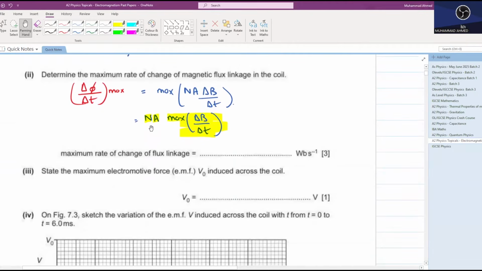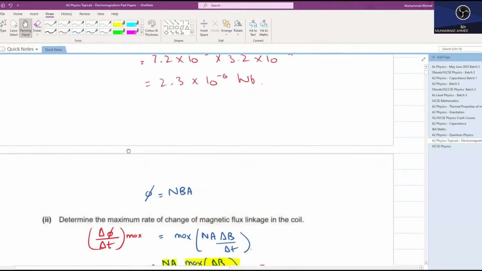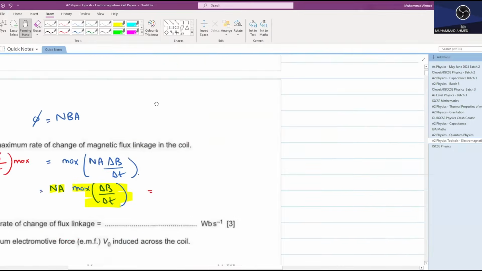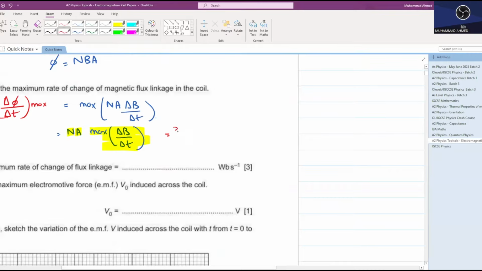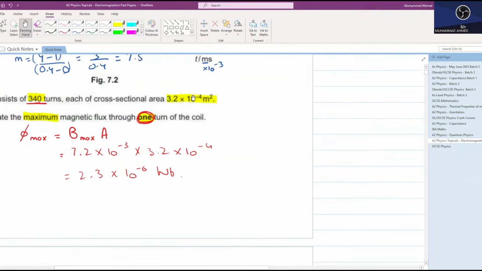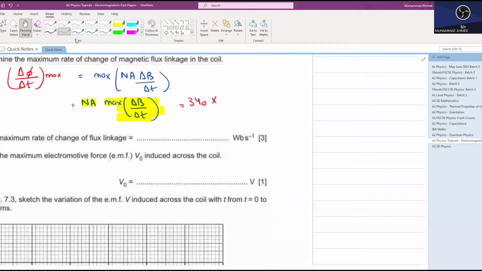Okay, let's put it here now. What was your value of n? Your value of n was 340. Okay, let's put 340 here. What was your value of area? 3.2 into 10 raised to the power of minus 4. What was your maximum value? 7.5.